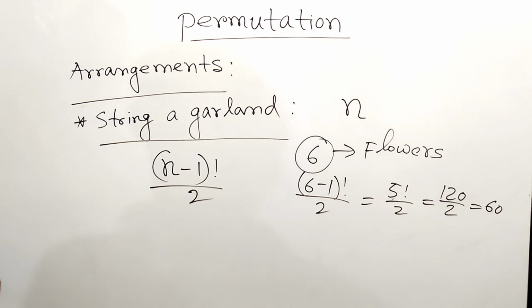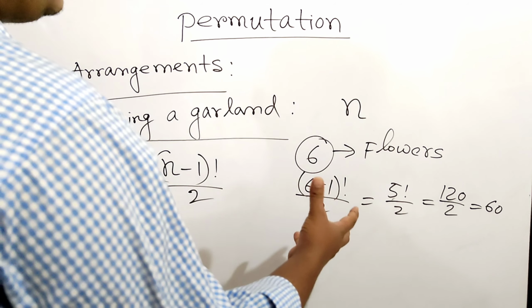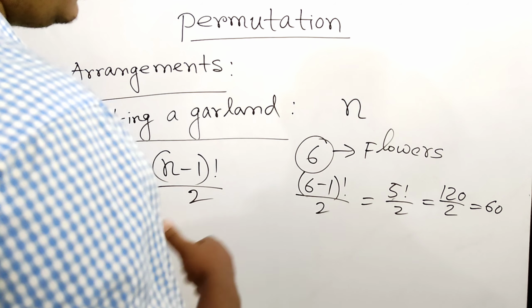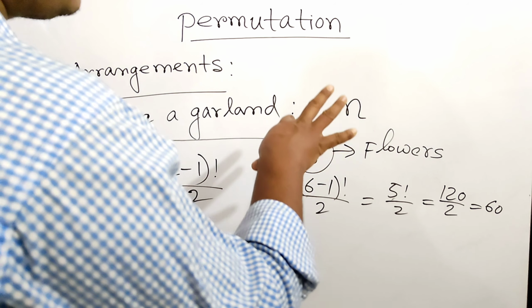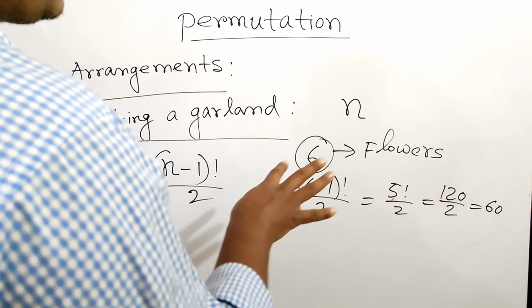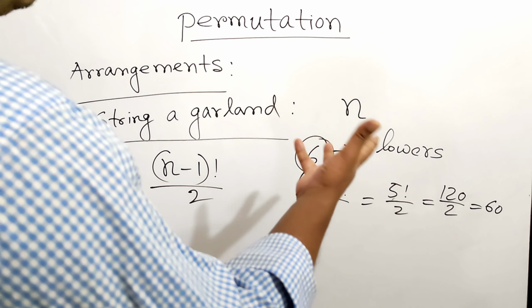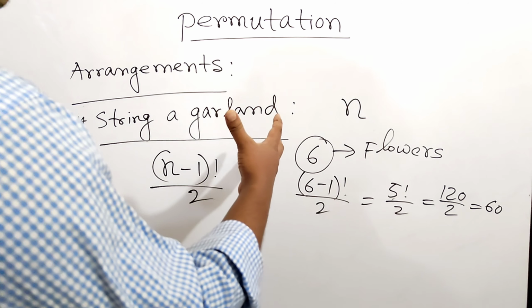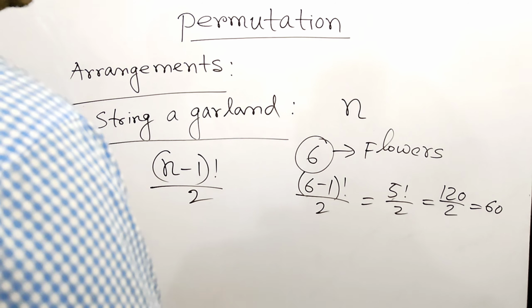That means you can make 60 garlands from these 6 flowers, 60 ways. Here these 6 flowers must be distinct, otherwise it will be the same. So this is another example of cyclic arrangement.